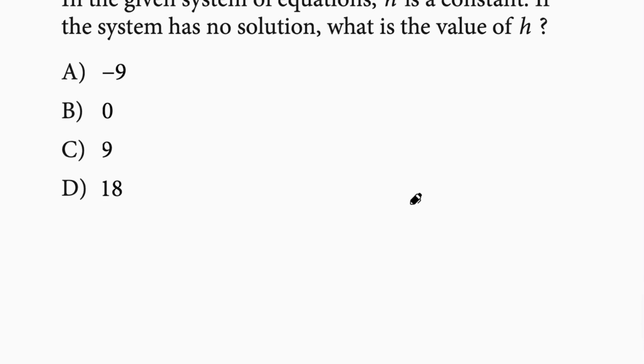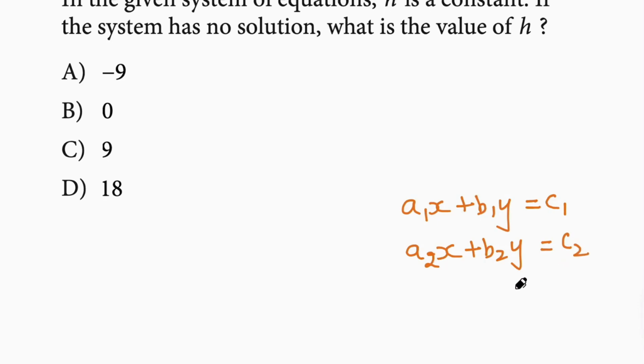Suppose I have two equations, a1x plus b1y is equal to some c1, and a2x plus b2y is equal to some c2. See, I have taken constants on the other side of the equation, but this is also true if you write the two equations like this.